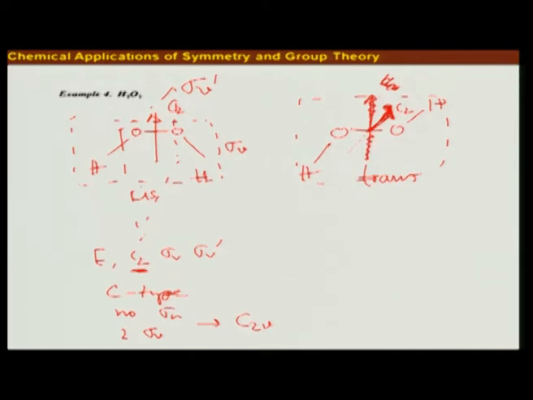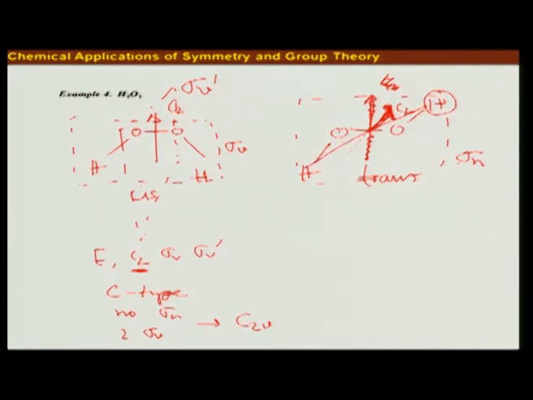So I have a C2 here. I have a molecular plane which is also perpendicular to this C2. Then I have a sigma H essentially, and then I see here this hydrogen has a counterpart. If I pass through this point and extend it, it is here.